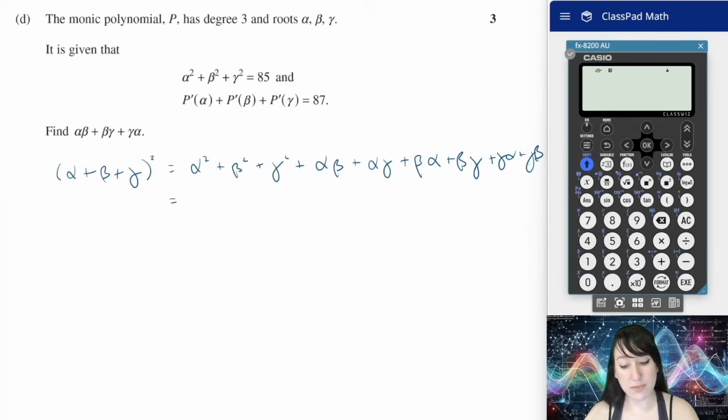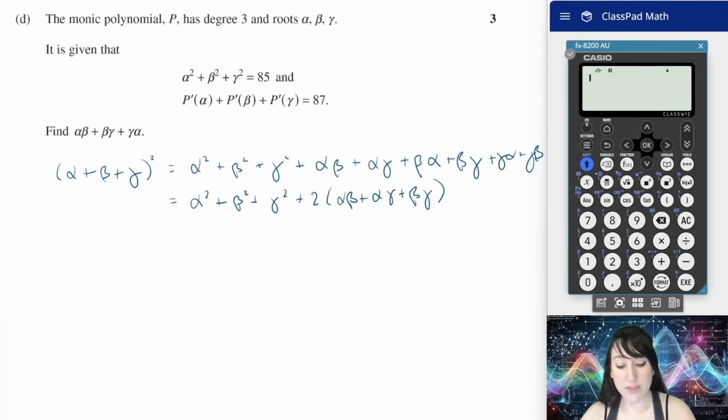When we combine like terms and factorize out the 2, this simplifies to alpha squared plus beta squared plus gamma squared plus 2 of alpha beta plus alpha gamma plus beta gamma. Now, that expression in the bracket is what we're trying to find. Now we know alpha squared plus beta squared plus gamma squared is 85, so we can replace that.